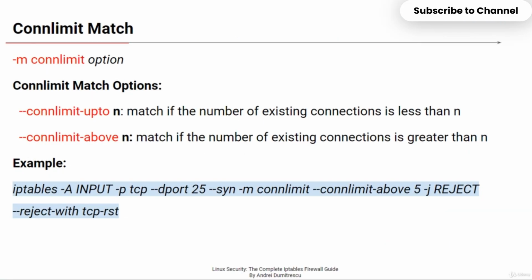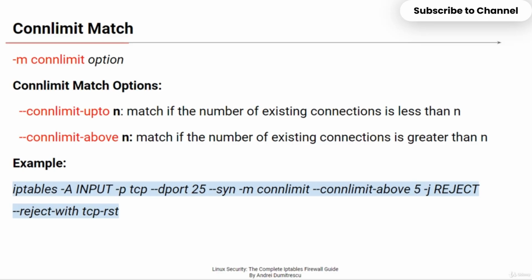Sometimes I'm asked by my students, how do I restrict the number of connections with the same source IP address to my server on port 80 or 25? Netfilter has the connlimit module, which allows you to restrict the number of parallel connections to a server per client IP address, or client address block.